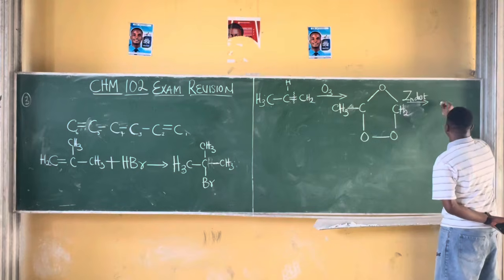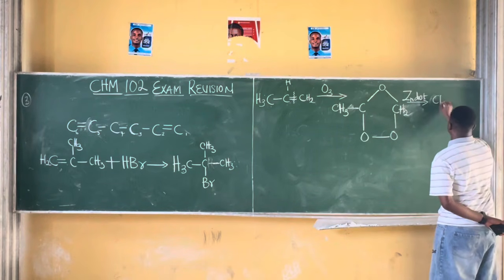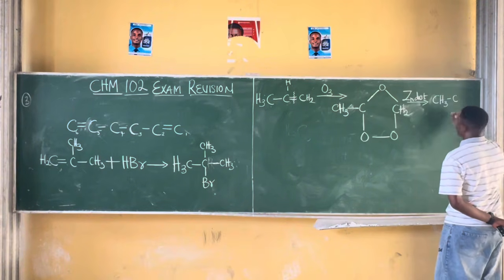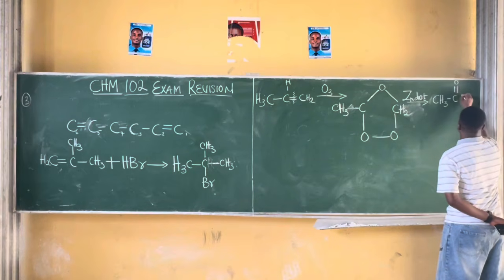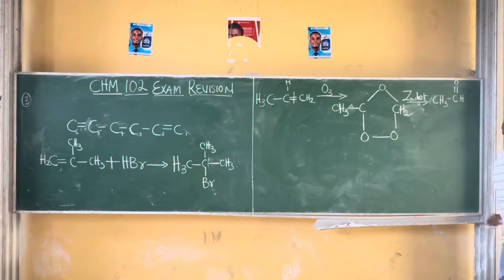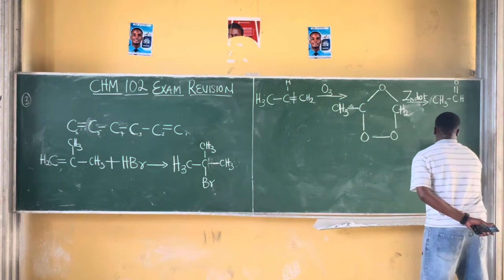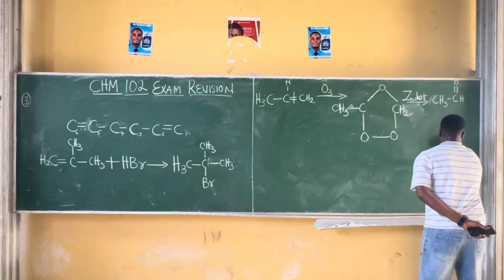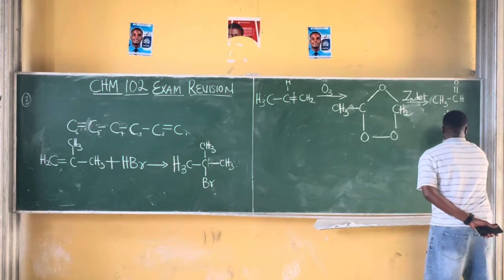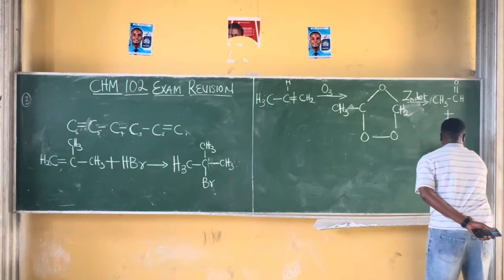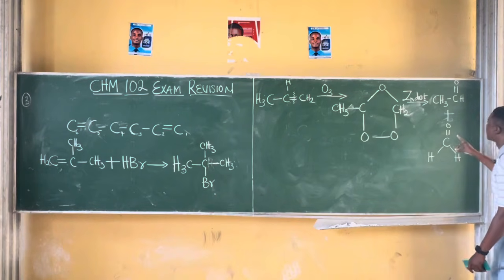The first compound will be, okay, allow me to write it down. Second one, I'll write it down because of space. All right. So this is the first compound plus the second. So these will be the two compounds that will be formed.